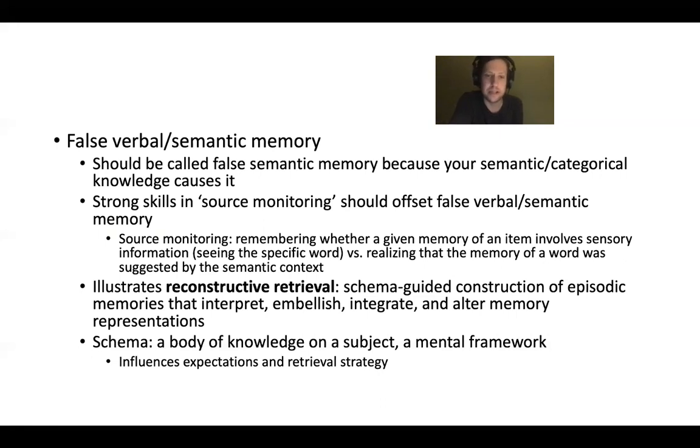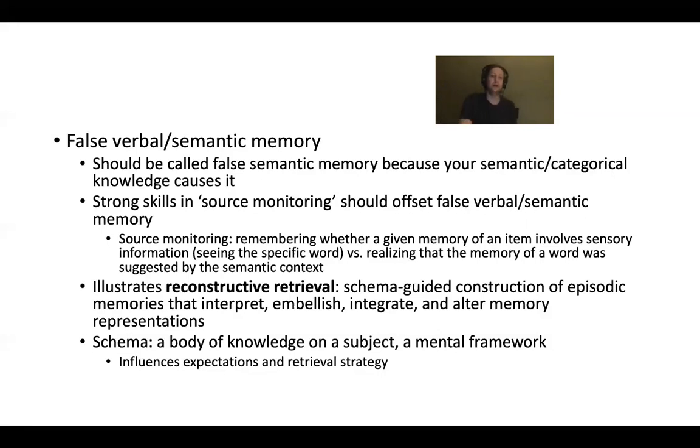In the first list, it was fruits. And you make mistakes about what words did or did not appear based on the category. Most people mistakenly think pear occurred in the list, even though it didn't, because it's a fruit. That's list one. And in list two, people are more likely to think window occurred because it was implied by the schema, by the meaning of all of the other words in the list.